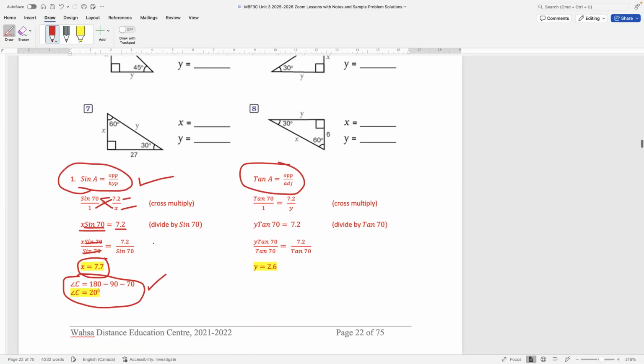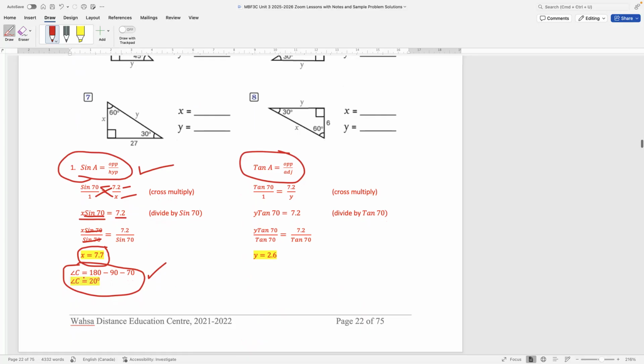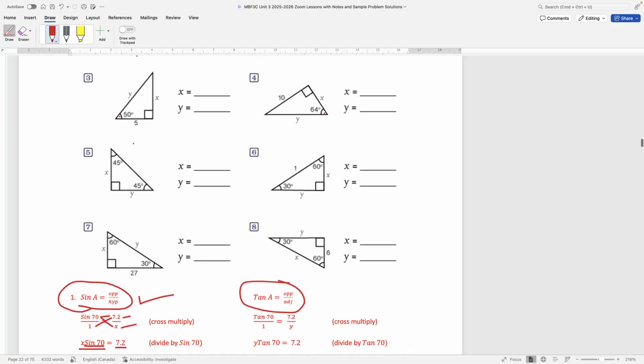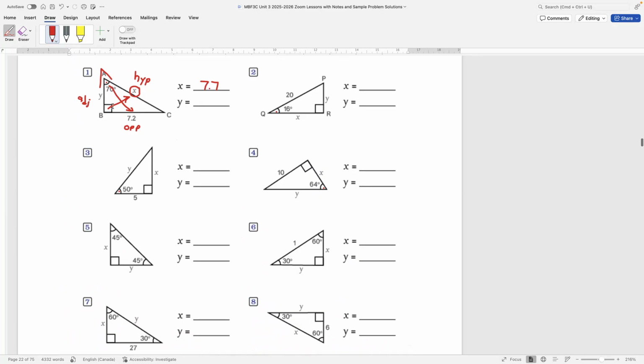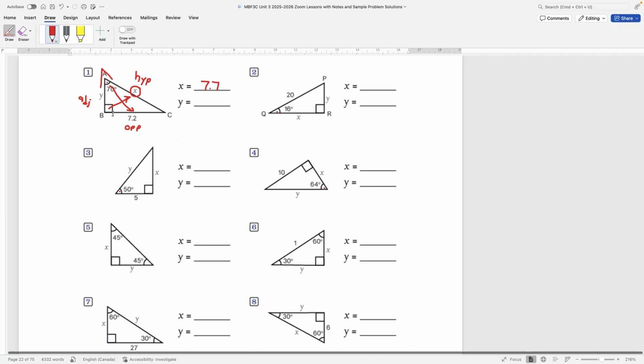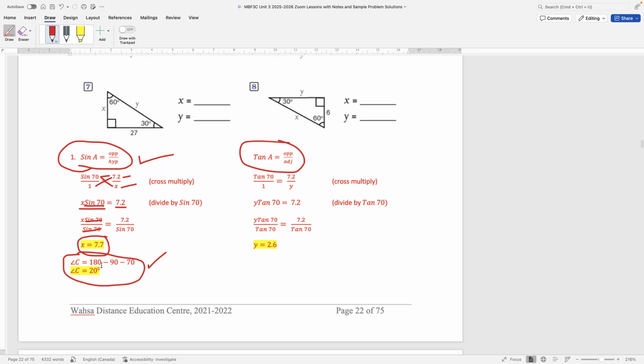So we did that last week. The angle C, so remember that the three angles in the triangle add up to 180 degrees. So if I take 180, subtract this one, which is 90, subtract that one, which is 70 degrees. So 180 minus 90 minus 70 is 20.